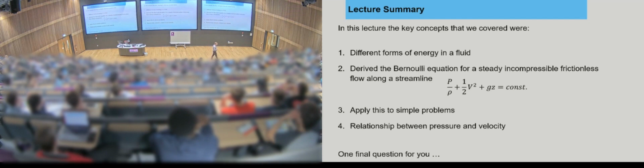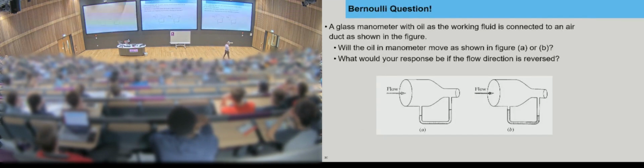Now, I have one final question for you, just for you to think about over the weekend. Here we've got a glass manometer, and it has oil as the working fluid. And we have airflow in the ducts here. I've got two questions for you.